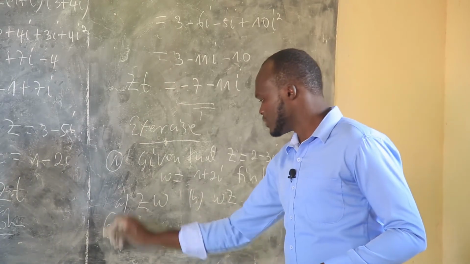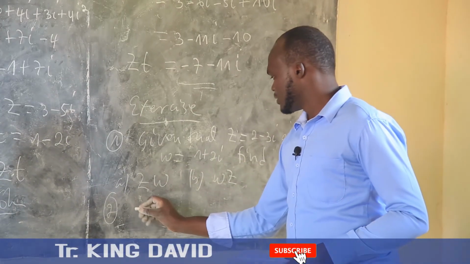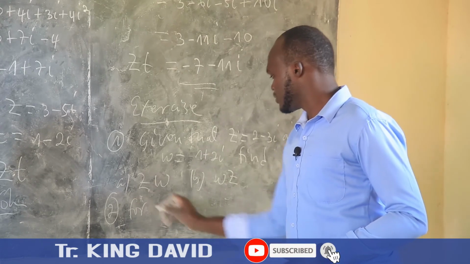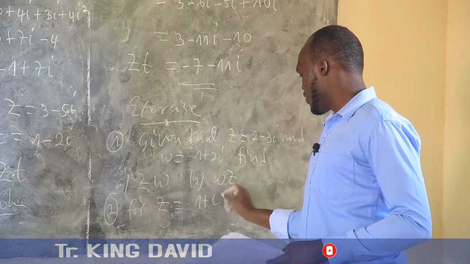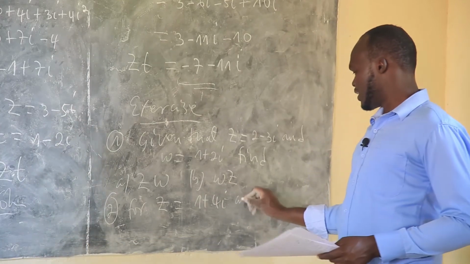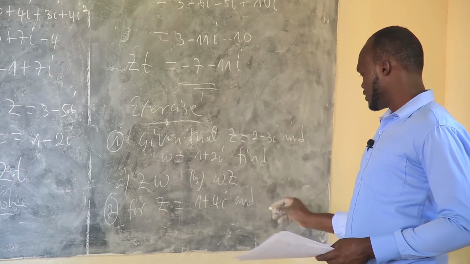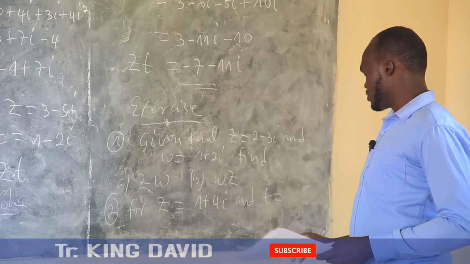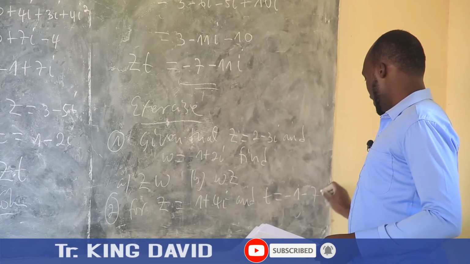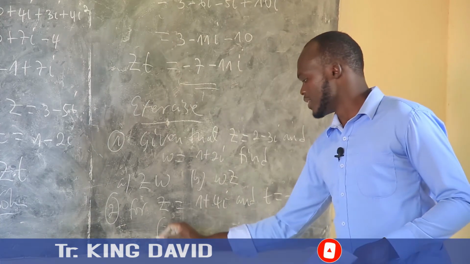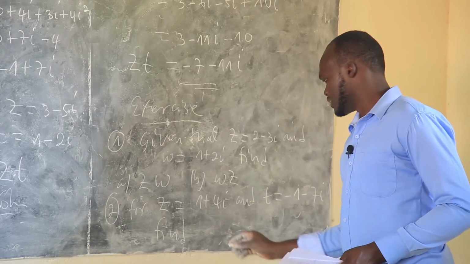Number 2, for z equal to 1 plus 4i and t equal to negative 1 minus 7i, find zt.